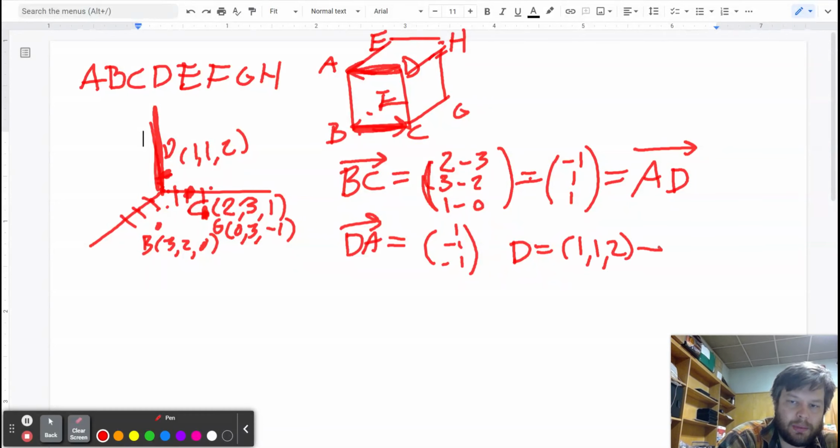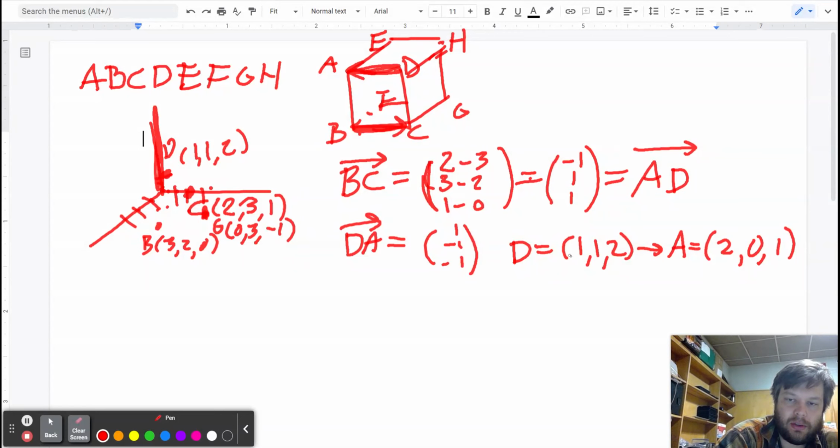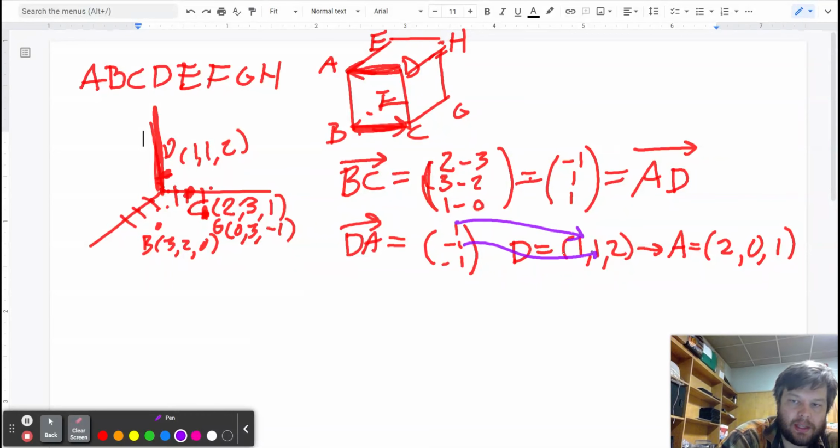And so this implies that A is going to equal (1 plus 1, 1 minus 1, and 2 minus 1). How did I know that? I took the coordinates of D and I applied DA to it. So this 1 plus 1, this 1 minus 1, this 2 minus 1 right there leads me to coordinates A.